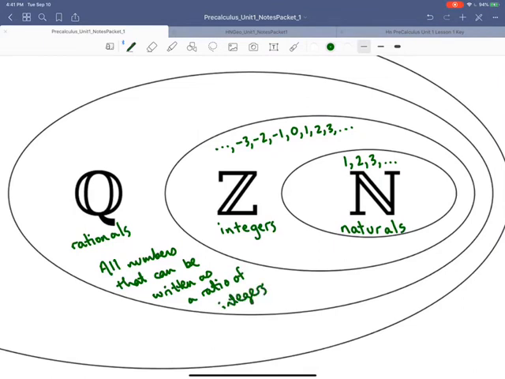This includes the integers. Numbers like -2 and 3 can be written as -2 over 1 and 3 over 1. But they also include numbers like 1/3 or 0.8 repeating, which is 8/9, or -13/5.